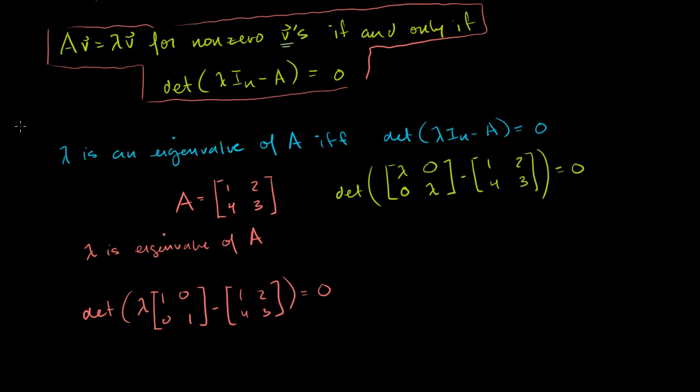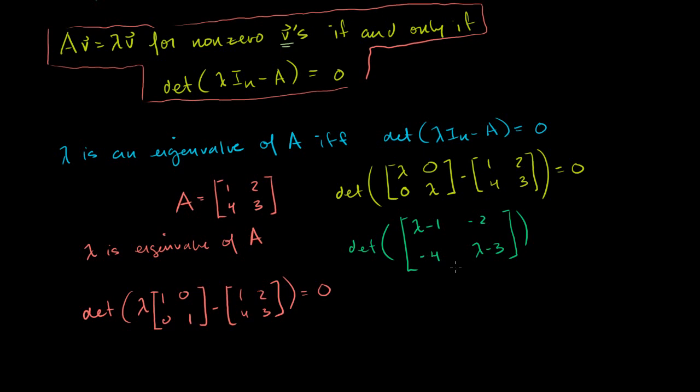This is the determinant of, this first term is going to be lambda minus 1. The second term is 0 minus 2, so it's just minus 2. The third term is 0 minus 4, so it's just minus 4. And then the fourth term is lambda minus 3.